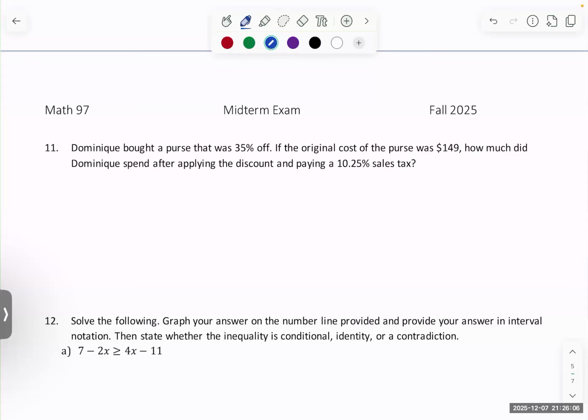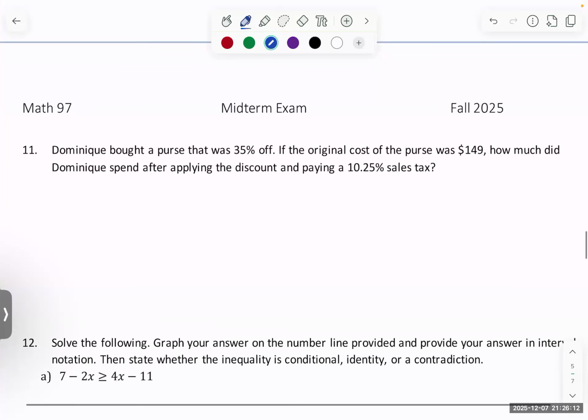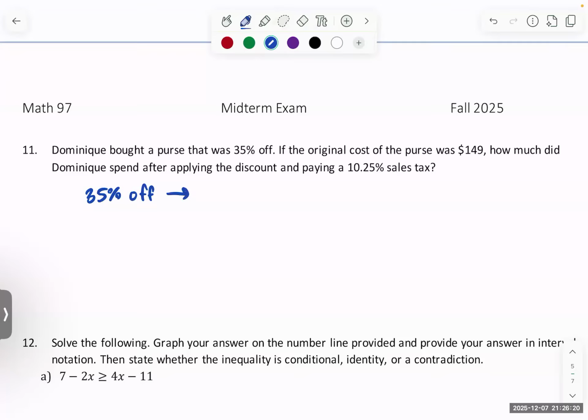Well, from here, one thing to recognize is that 35% off implies 100% minus 35% equals 65% of the original price.